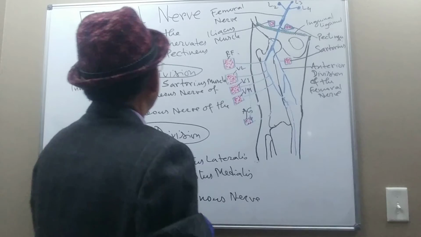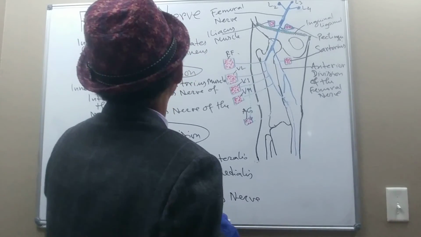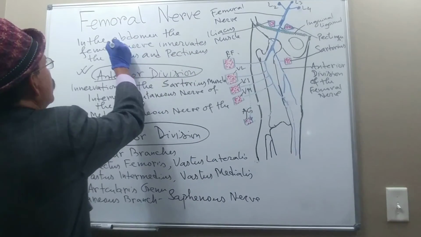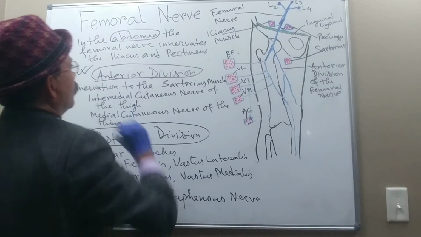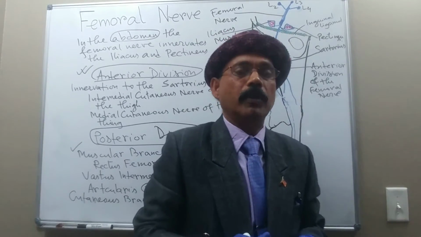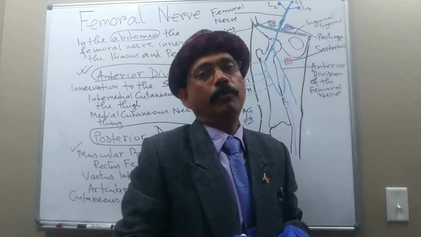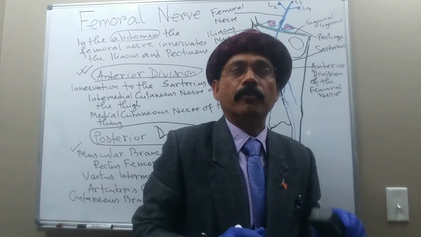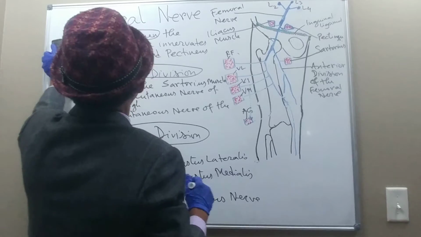We got the anterior division, posterior division, and the branches in the abdomen. We got the muscular branches, cutaneous branches. The femoral nerve also has articular branches.